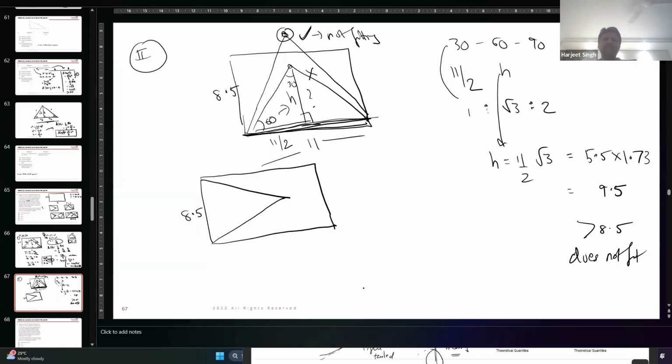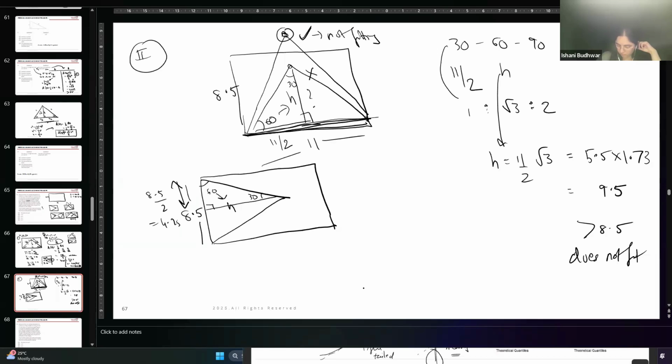So how to find the area of this triangle? We need the height. Can I say height is opposite to which angle? 60 degrees. It's an equilateral triangle. And can I say the angle opposite to the half base is 30 degrees. The base total is 8.5, but the base of this right angle triangle will be 8.5 by 2, which is 4.25.